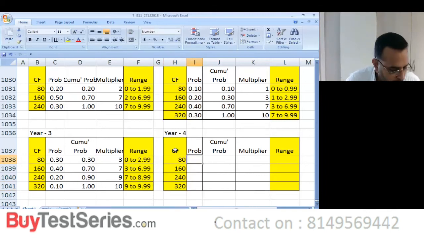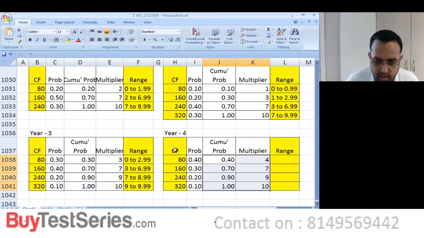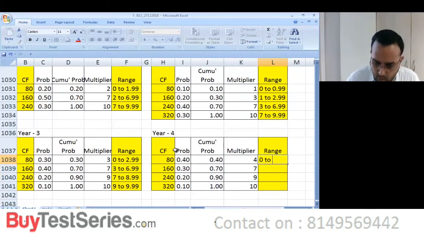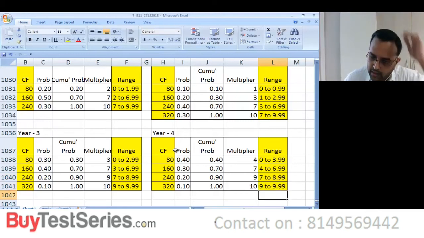Year 4, the probabilities are 0.4, 0.3, 0.2, 0.1. Cumulative probabilities are 0.4, 0.7, 0.9 and 1. And the range is 0 to 3.99, correct? 4 to 6.99, 7 to 8.99 and 9 to 9.99, right?